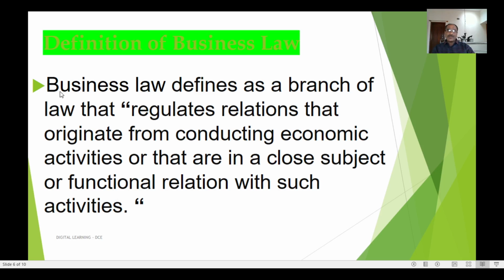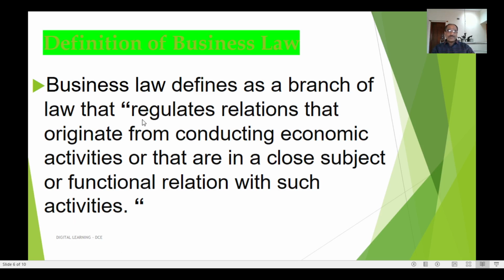Already we have stated that business law is a branch of law, and it regulates and controls the relations that originate from conducting economic activities or that are in a close subject or functional relation with such activities.